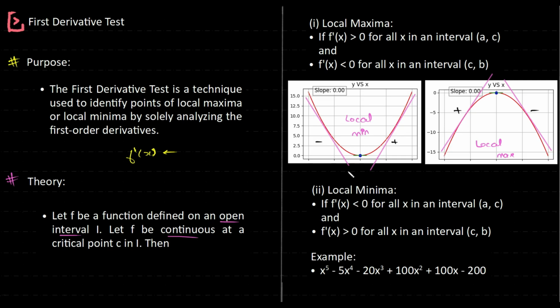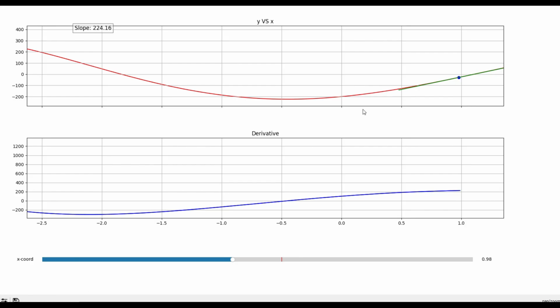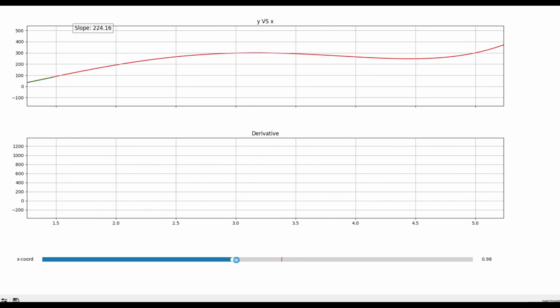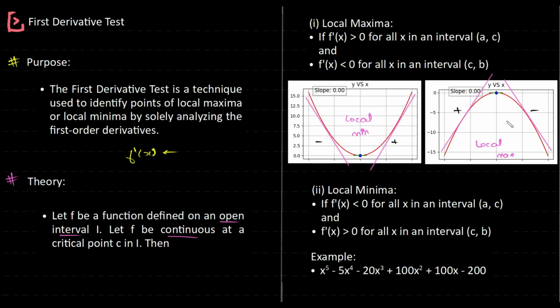So we have negative and positive, giving us local minima. And over here, as we move across, this is positive and after the turning point, it turns out to be negative. So positive and negative, it is local maxima. So depending on this, we'll be able to tell if it's local minima or local maxima.